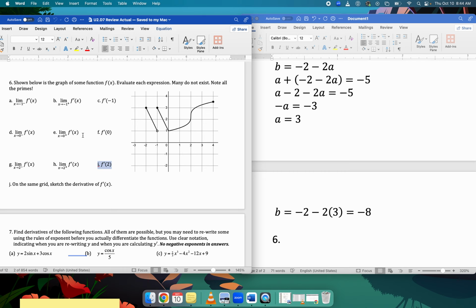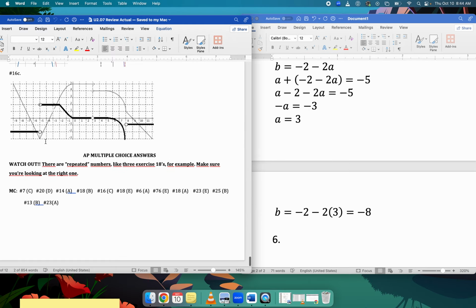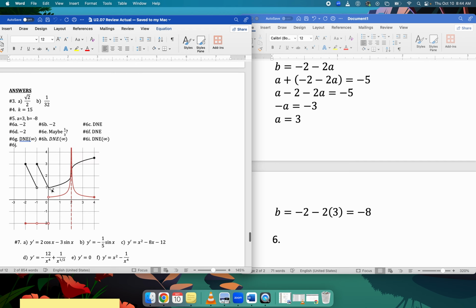On the same grid, sketch the derivative of f prime. We can quickly look at the answer. For number 7, here it is. It's just what I said, right? The slope along this portion is constantly -2, so there it is, constantly -2, but of course it's undefined at -1, right?